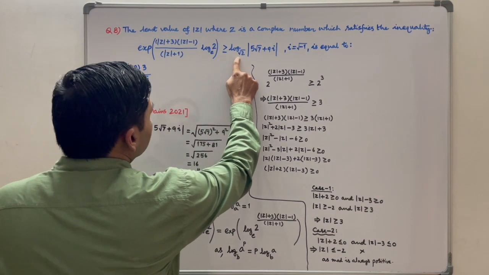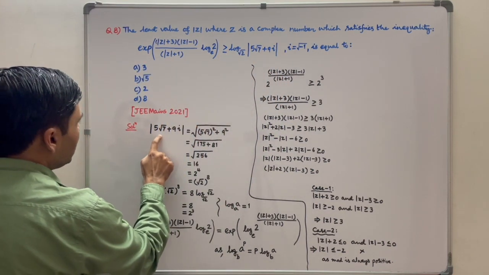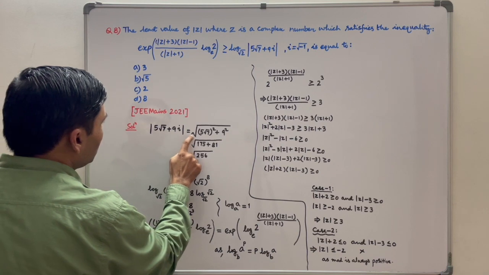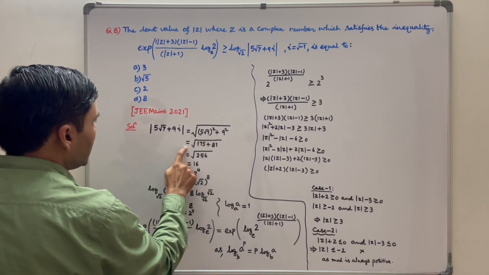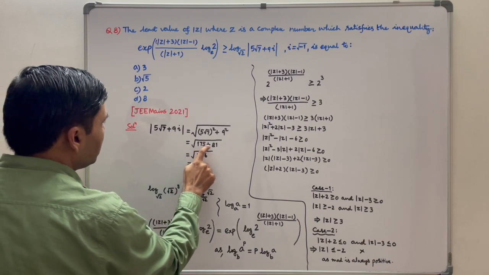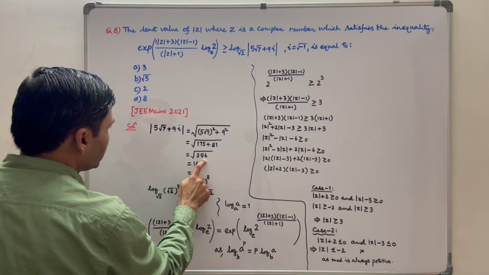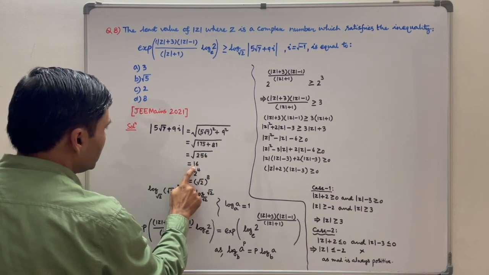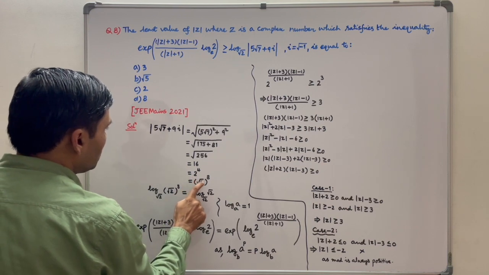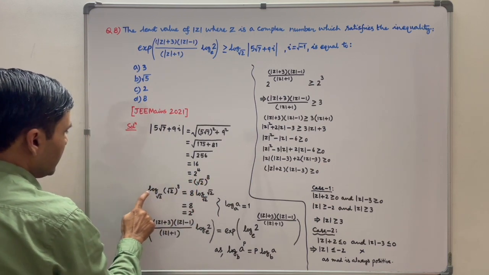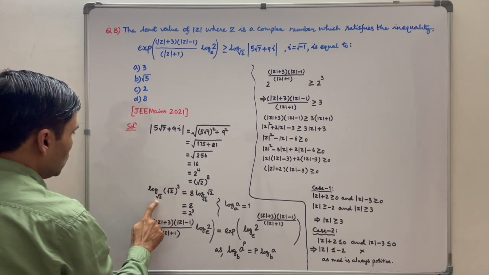First, we will simplify the right hand side of the inequality. |5√7 + 9i| is equal to the square root of ((5√7)² + 9²), which is the square root of 175 + 81, which is the square root of 256, which is equal to 16. 16 can be written as 2⁴ or (√2)⁸. So the right hand side is log of (√2)⁸ to the base √2.